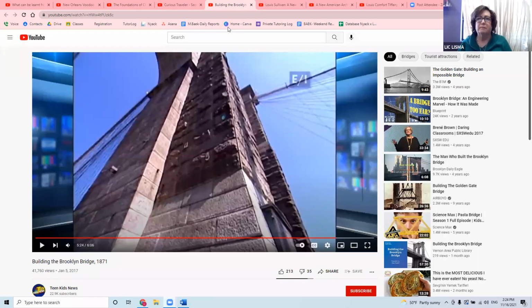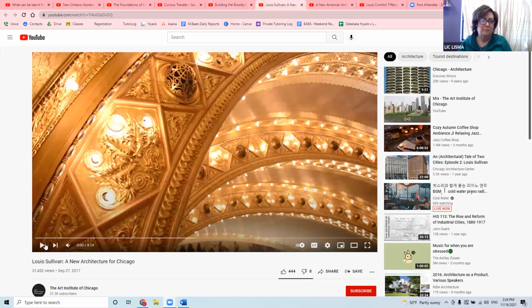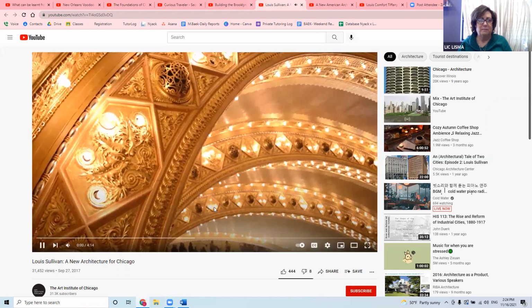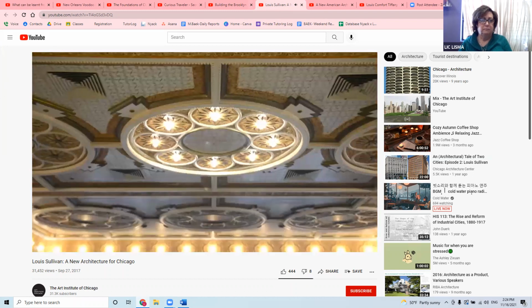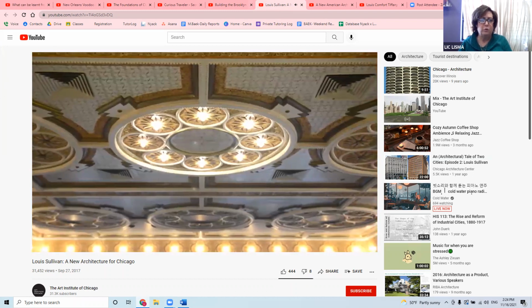So I want you to take a look first at the way that Louis Sullivan builds architecture in Chicago, and then we're going to switch over to Frank Lloyd Wright. Again, Louis Sullivan.